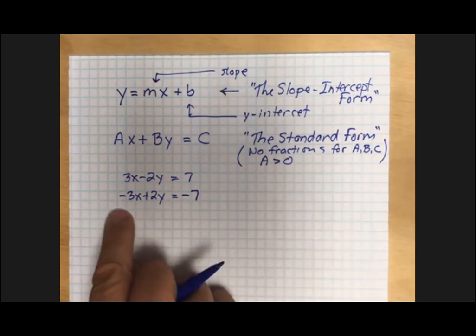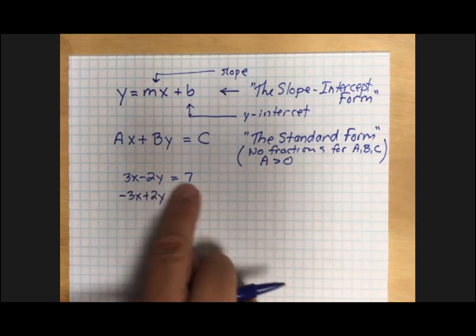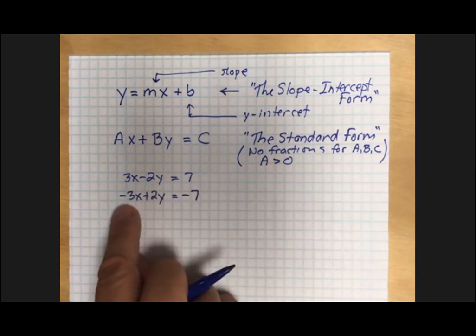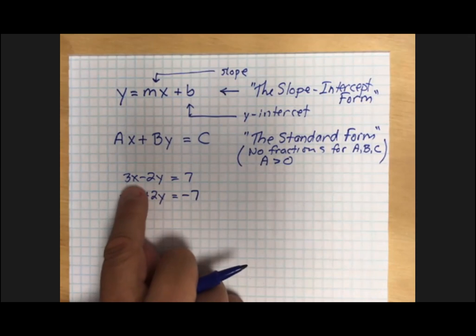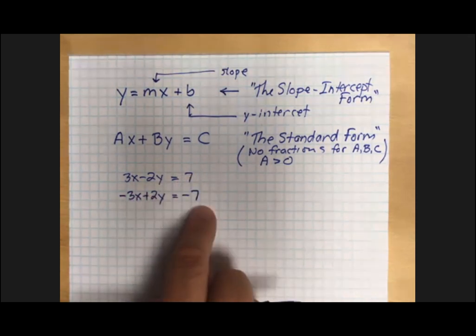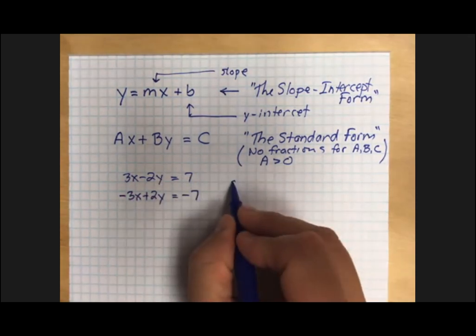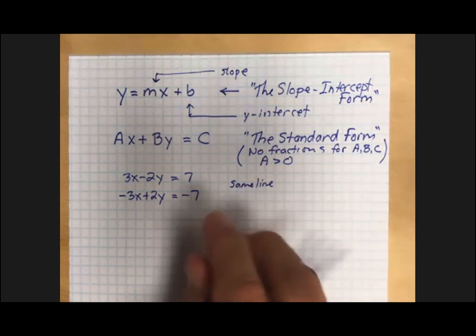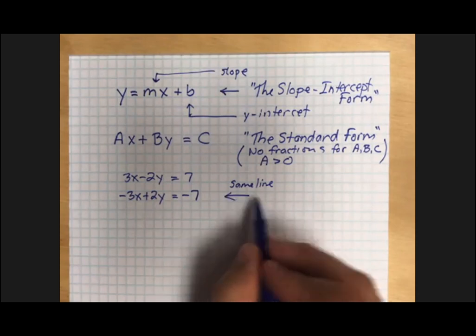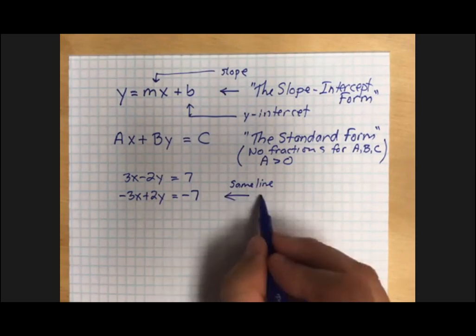How do I know they're the same? If I multiply both sides by minus 1, which is fair, golden rule, whatever you do to one side, do to the other. If I multiply both sides by minus 1, I get minus 3x plus 2y equals minus 7. These are the same line. But this is standard form.